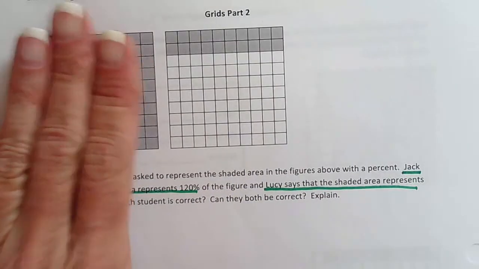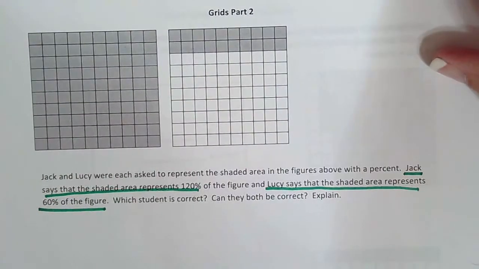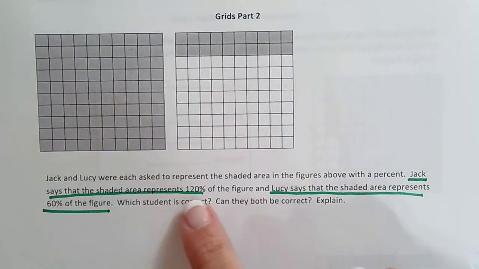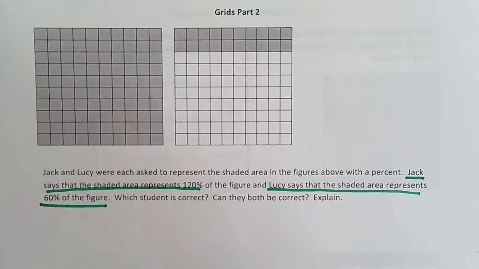Let's say this is 100%. If this is the whole 100%, then does everybody agree that Jack's right? 100 plus 20 more would be 120 out of 100.